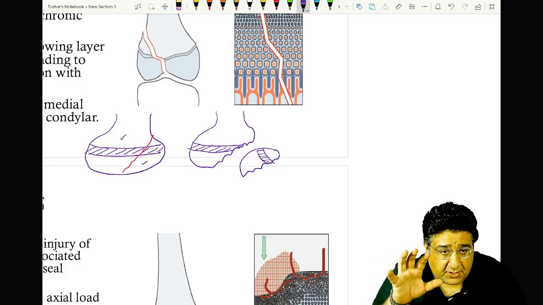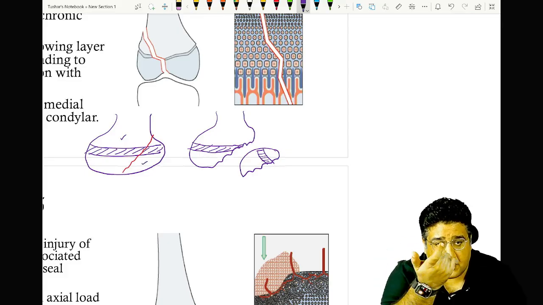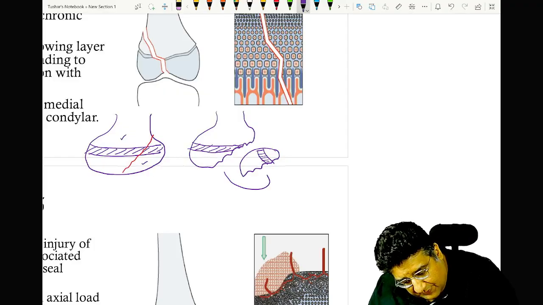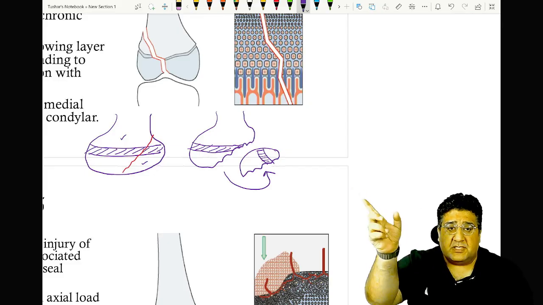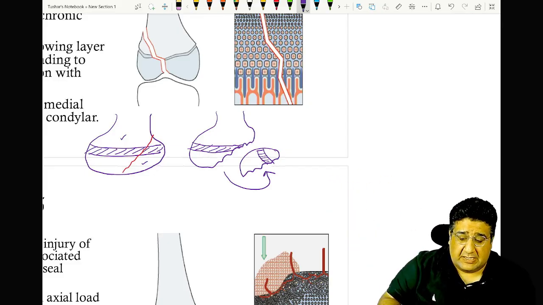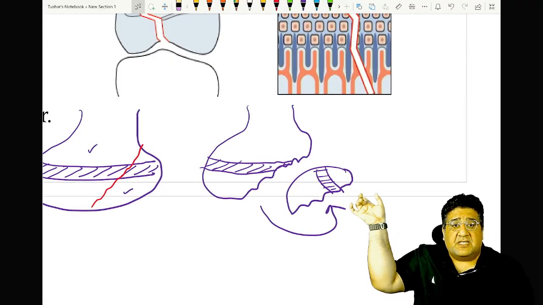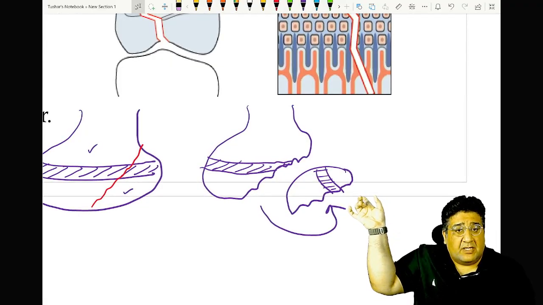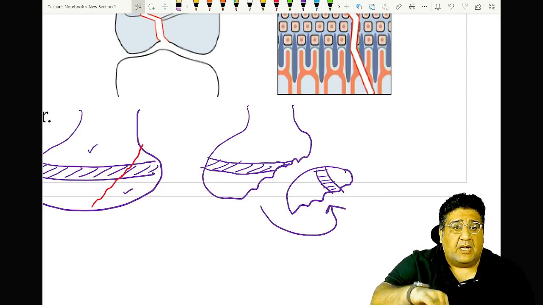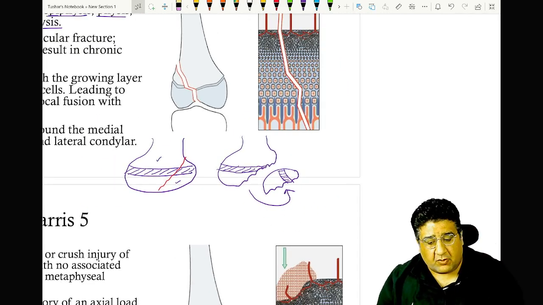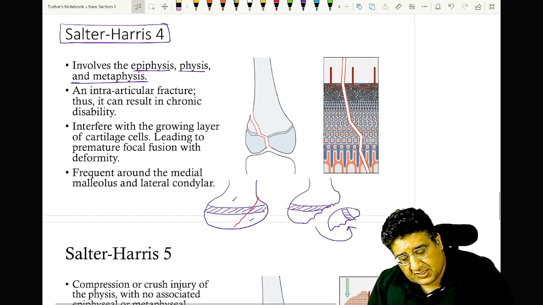So I want you to understand today that in type 4 there is a rotation of the distal fragment, and that rotation happens in such a way that the articular surface has become extra-articular, and the extra-articular surface has become articular. So you can see a rotation of the fragment on its own axis.